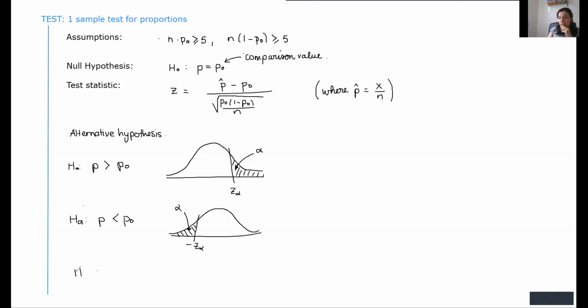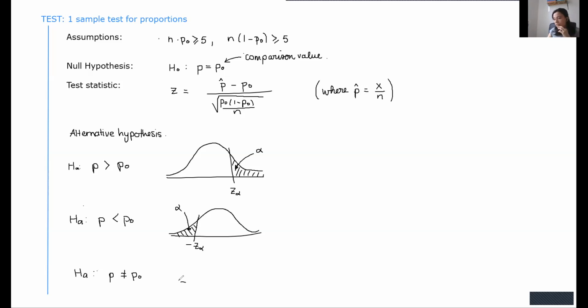And then if my alternative hypothesis is that P is different than P naught, the comparison value. So maybe I don't care about whether a given proportion is larger than some proportion or smaller than some proportion. I just care about determining if it's different than a value.